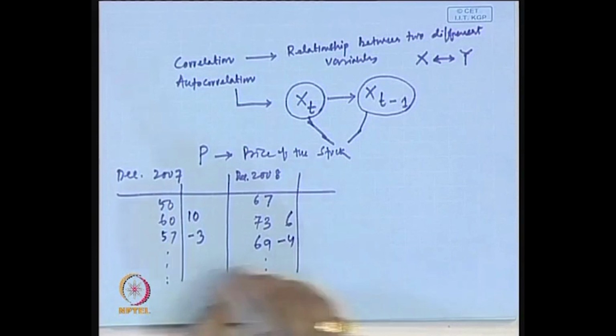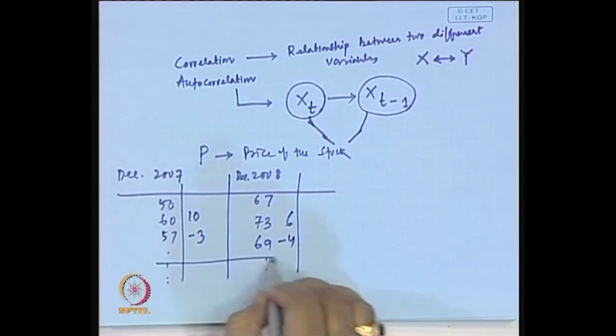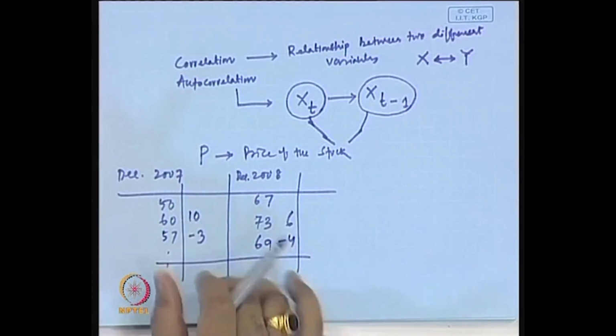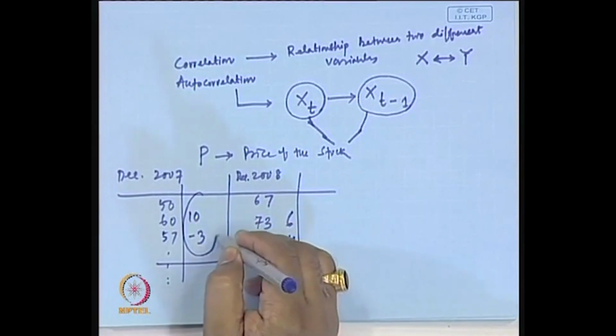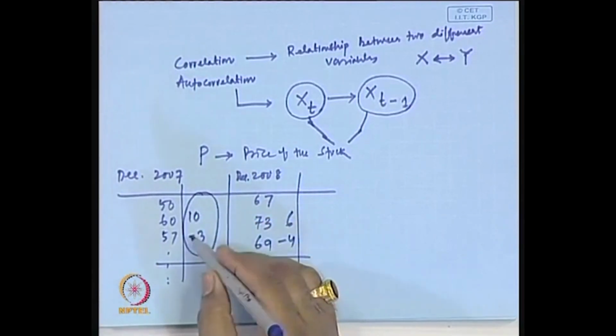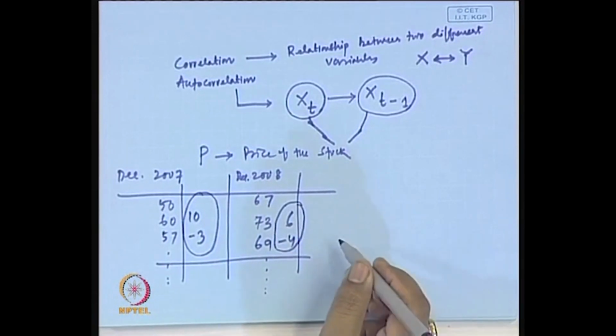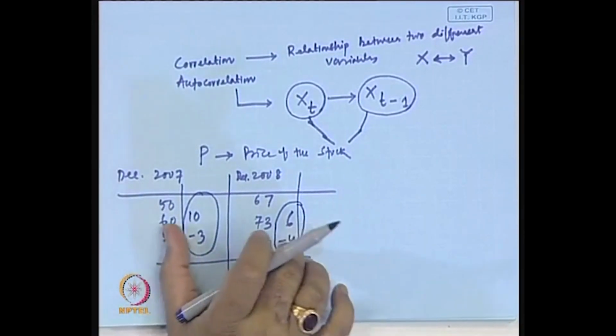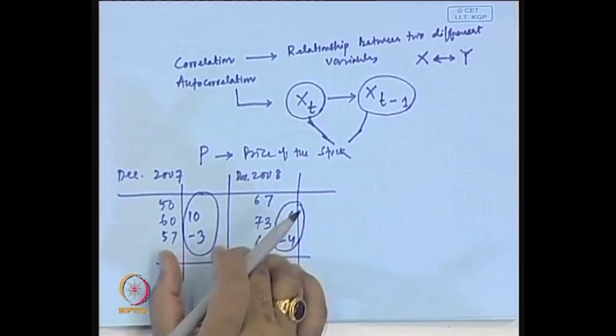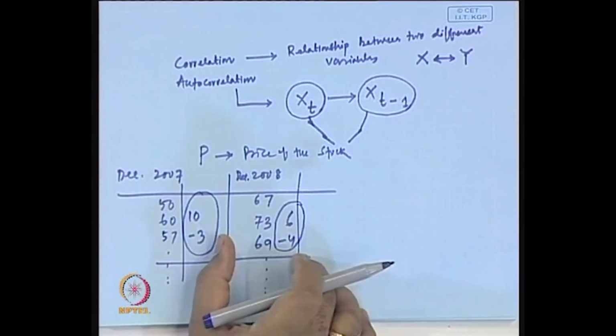From this data we try to establish the relationship between the price change of this month and the price change in another month of a different year. If we find that there is a proper relationship between the two, then accordingly we can say whether your market is weakly efficient or not.